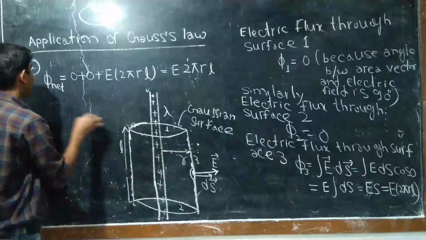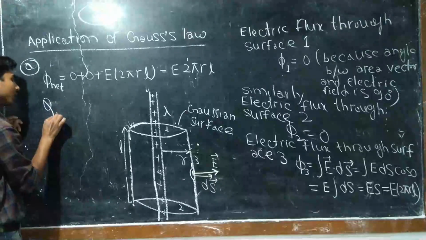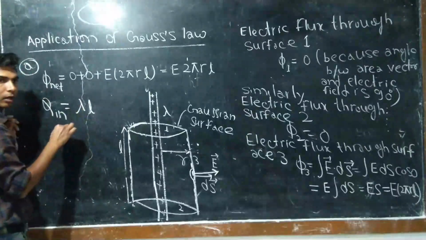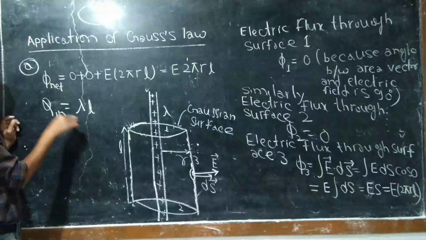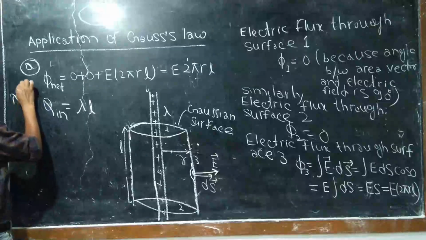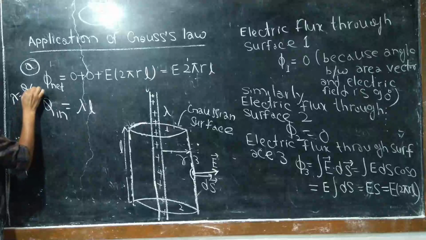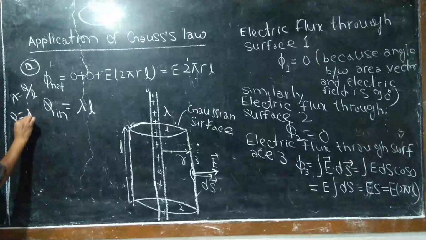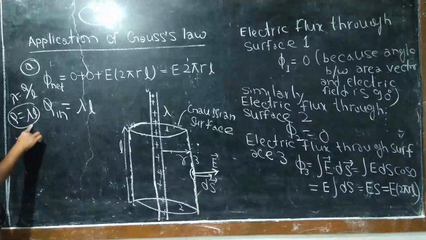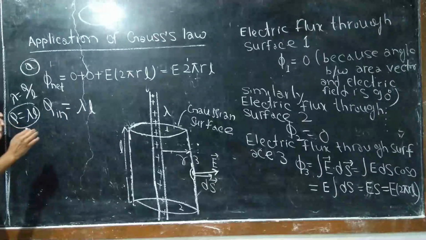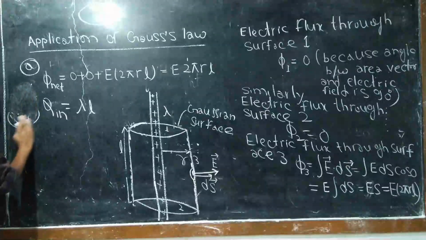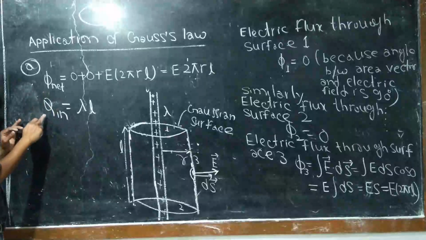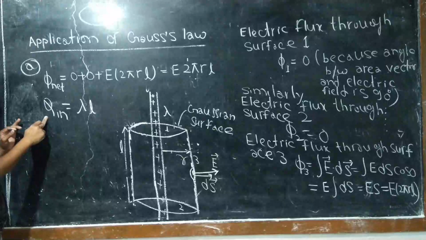So Q in is lambda into L. From where is this formula coming? Because you know lambda is Q by L, so Q is equal to lambda into L. So now Q in is known to you.